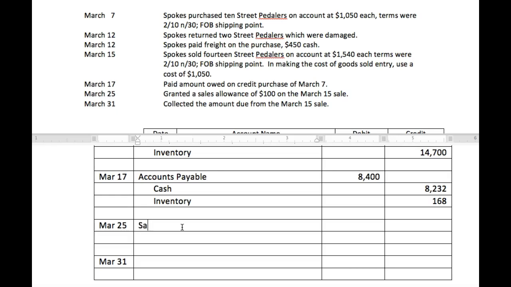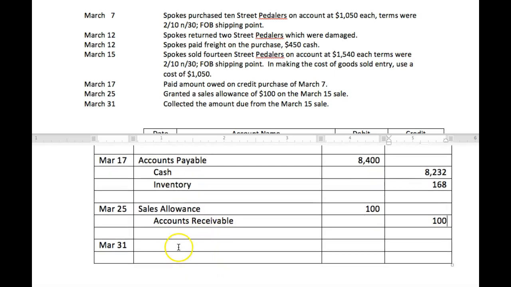When we have a sales allowance, we actually debit the sales allowance account for the amount of the allowance. So this was $100 off the price, so we're going to record that for $100. And then we actually need to reduce the amount our client owes us. So we're going to credit the accounts receivable. When they take an allowance, it physically reduces the price, so they do not owe us those funds.